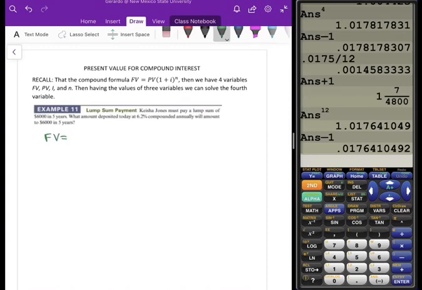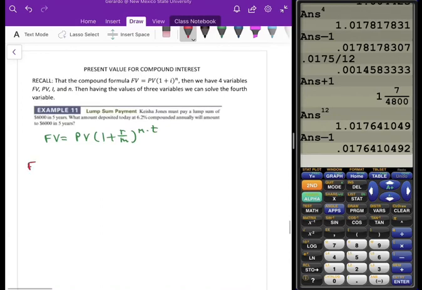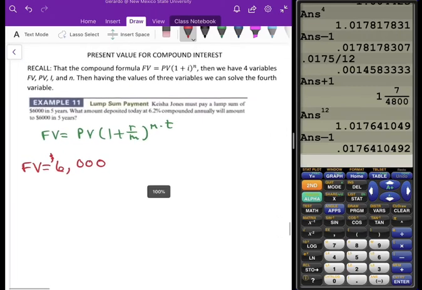So again, we have future value equals present value, 1 plus R over M to the power of M times T. And this is telling me that Keisha Jones must pay a lump sum, so that means that's future value because that's what she's going to pay in the future.